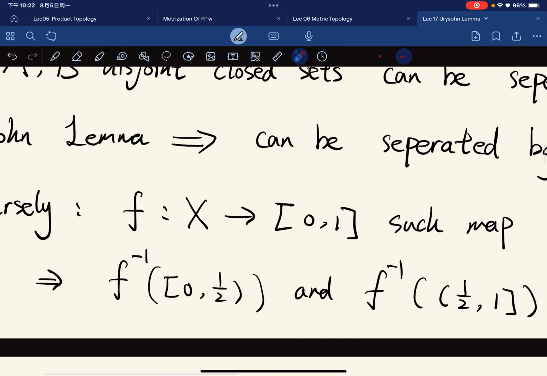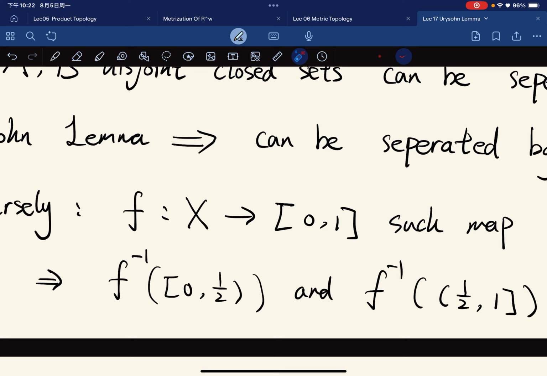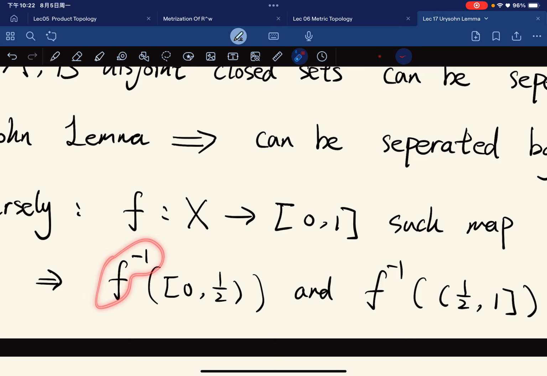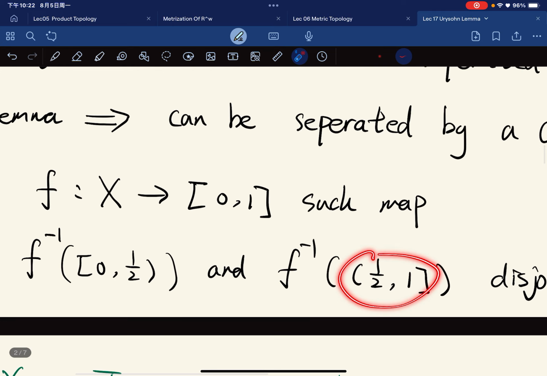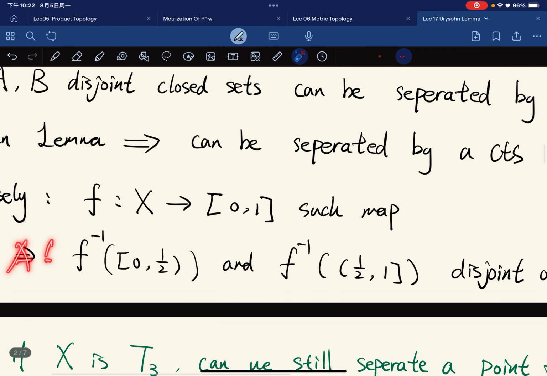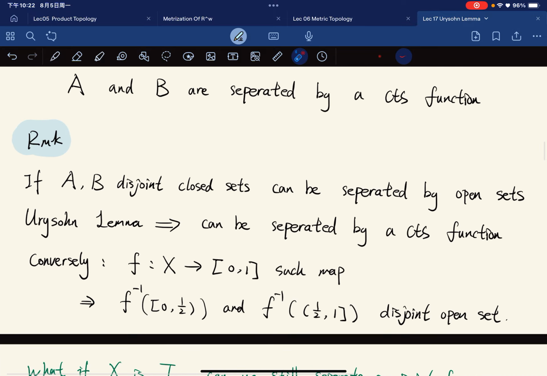Then this set is open in [0, 1], and the pre-image of it is open and contains A, because f is continuous. Similarly for the other set, and those two are disjoint. So we get disjoint open sets, one containing A and the other containing B. So the converse is also easy to see.